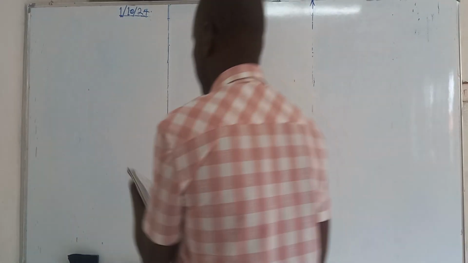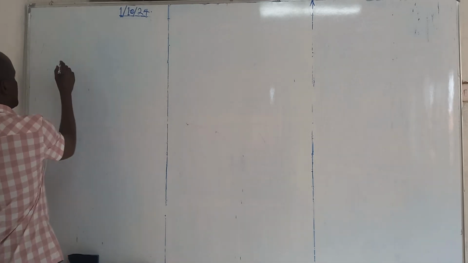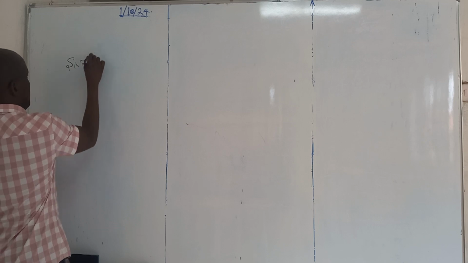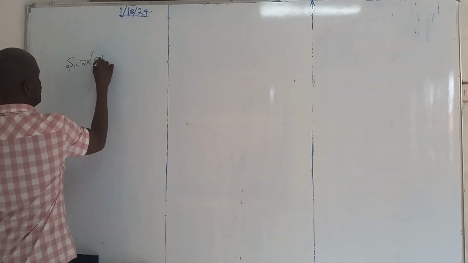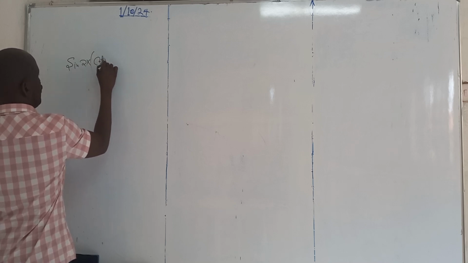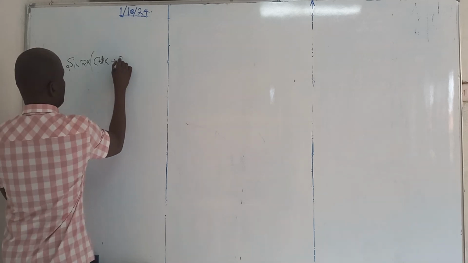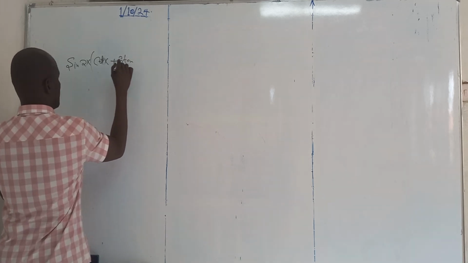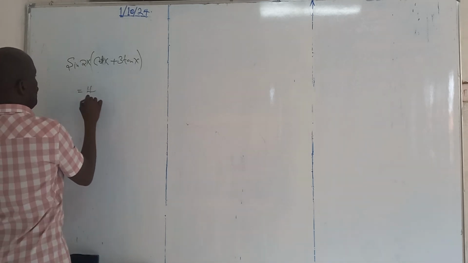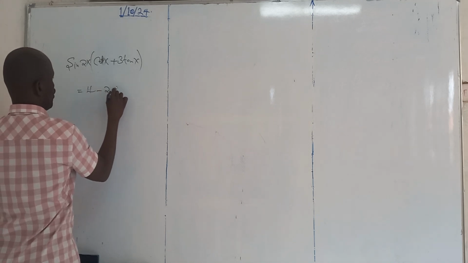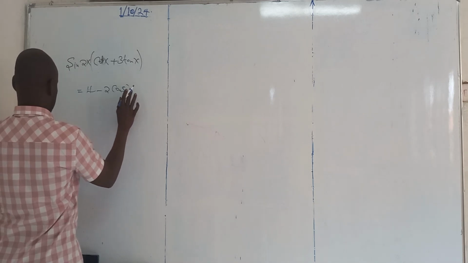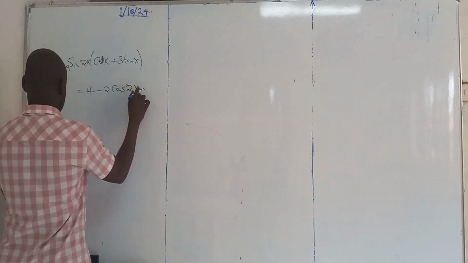Well, the question is: prove that sine of 2x into cot x plus 3 tan x is equal to 4 minus cos 2x.